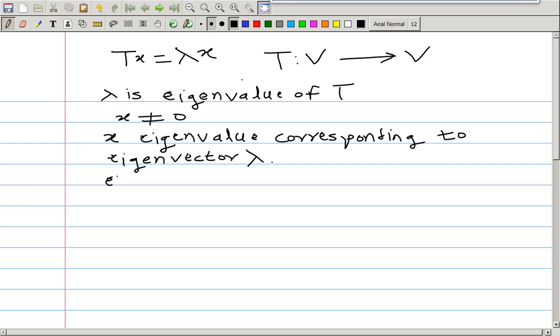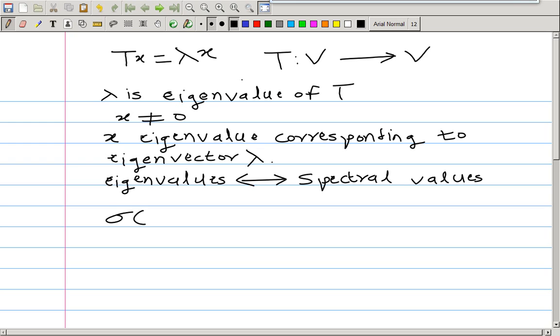Eigenvalues are also called spectral values. So they are equivalent terms. Eigenvalues are the same as spectral values.